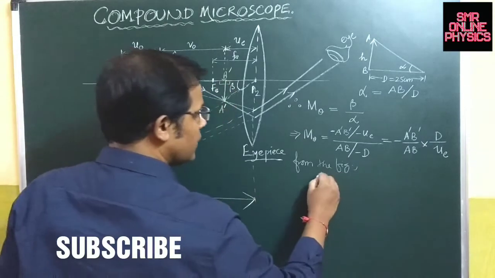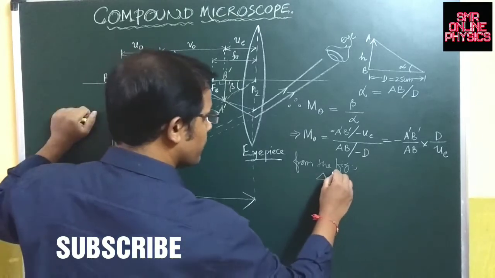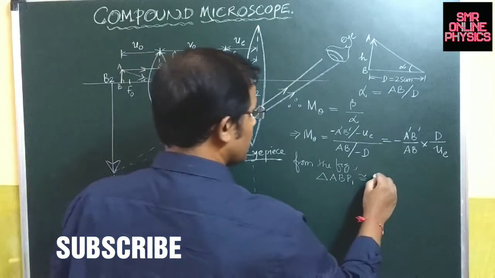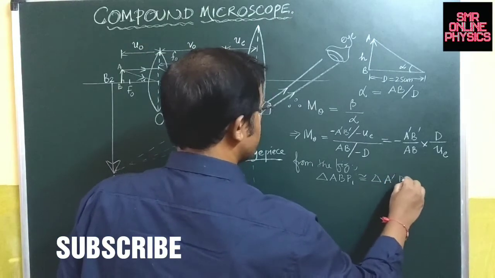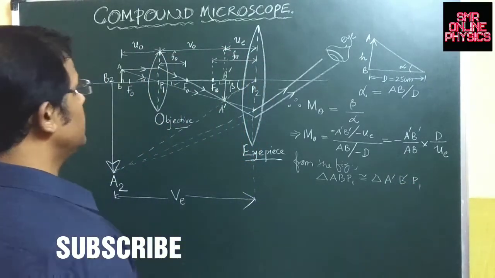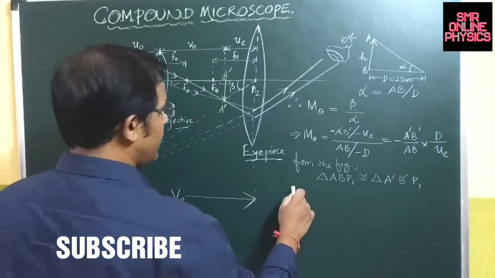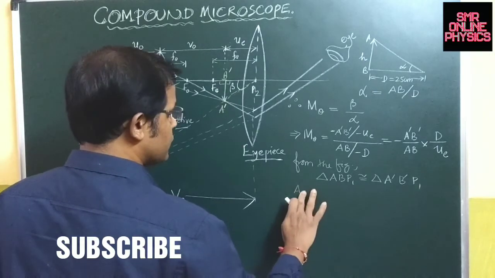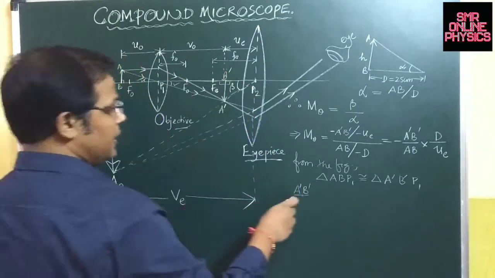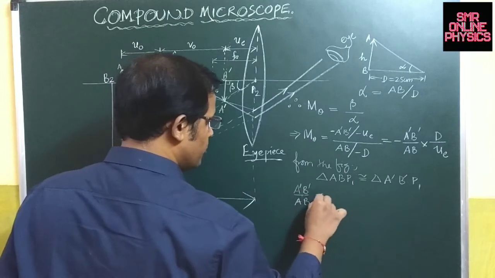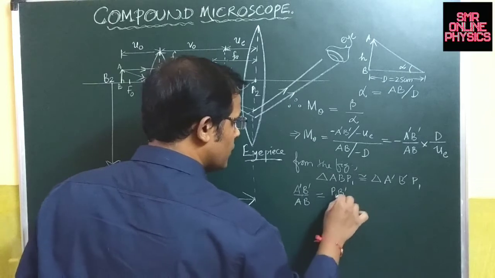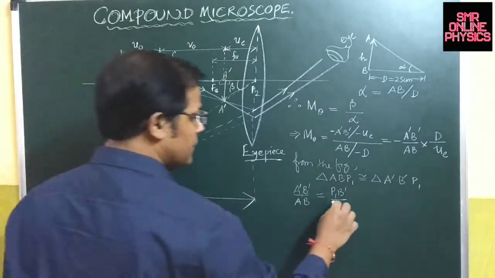So triangle ABP1 is very, very similar to triangle A dash B dash P1. Come on, right? So these two triangles are similar, so I can say A dash B dash by AB should be equal to P1B dash by P1B. Simple.